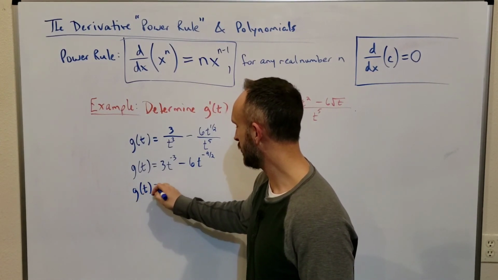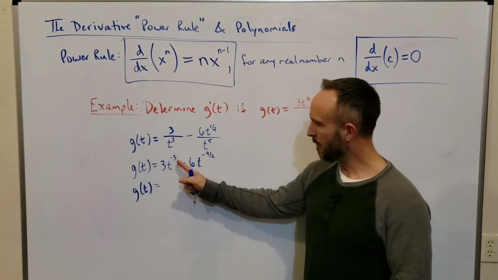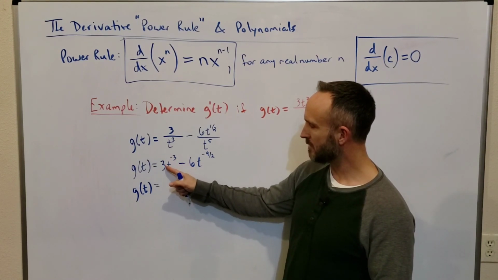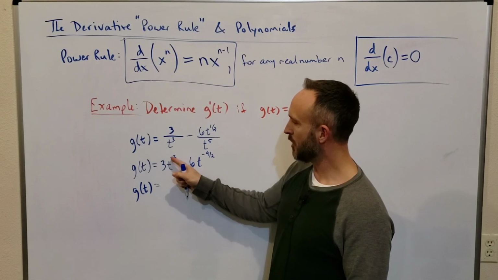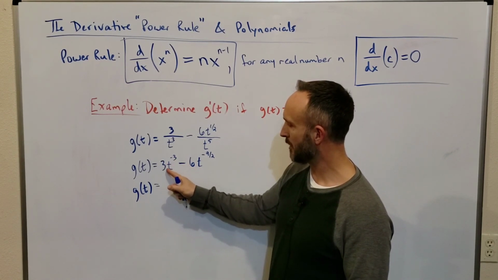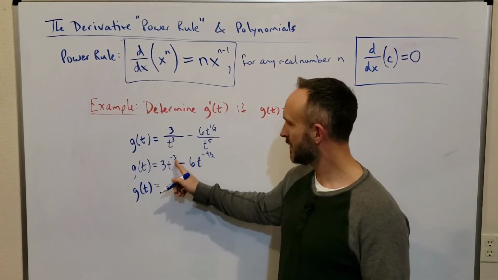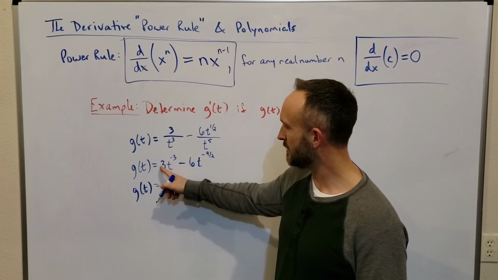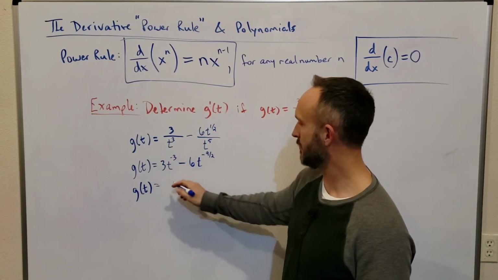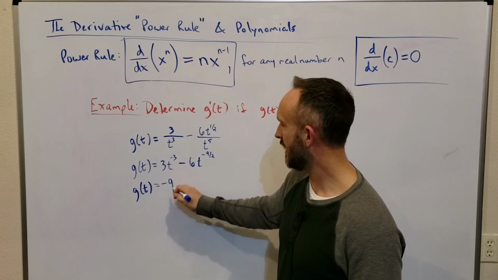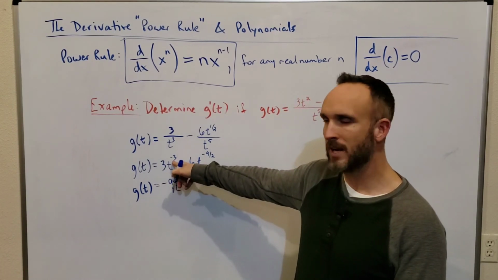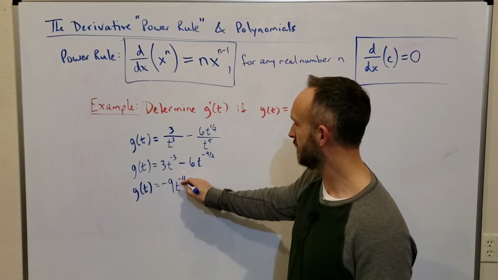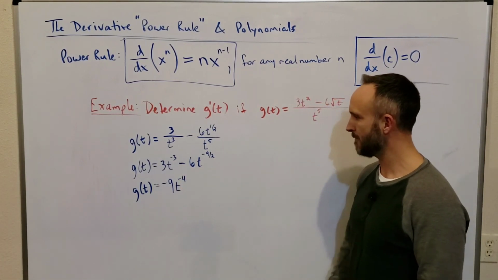g of t equals, and I'm going to move my exponent down to the front to be a coefficient. And another shortcut you can use is because you know when you move this down, it's going to multiply by 3. You can go ahead and multiply. So negative 3 comes down and multiplies by the coefficient of positive 3 to give us negative 9 times t. And then I subtract 1 from my exponent of negative 3 to get negative 4. All right?